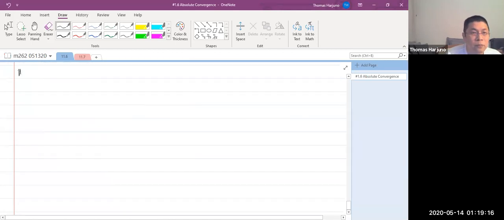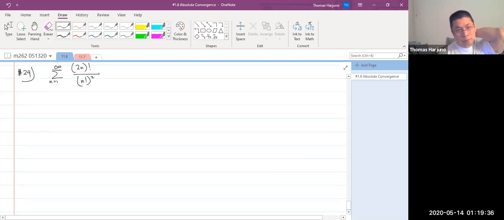Number 24, we have the series of 2n factorial over n factorial being squared, from n equals 1 to infinity.